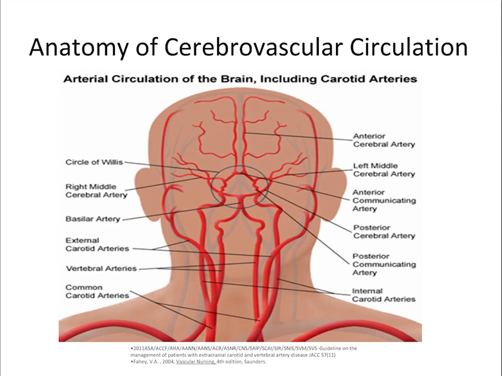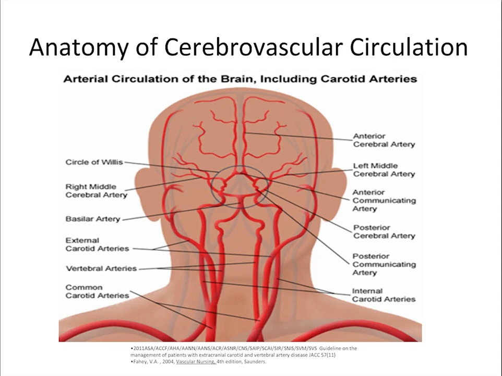The anterior cerebral arteries connect with the circle of Willis through the anterior communicating artery. The posterior circulation communicates with the carotid system via the posterior communicating arteries and through the circle of Willis.